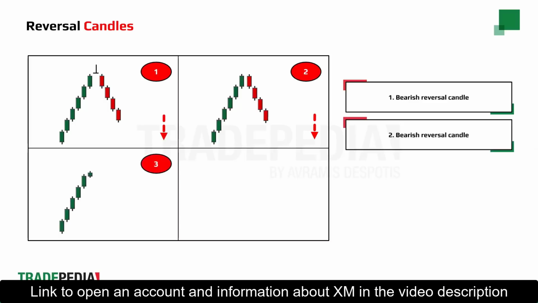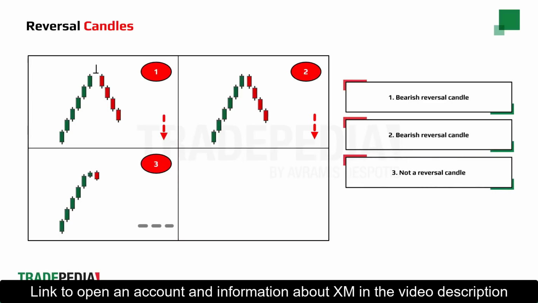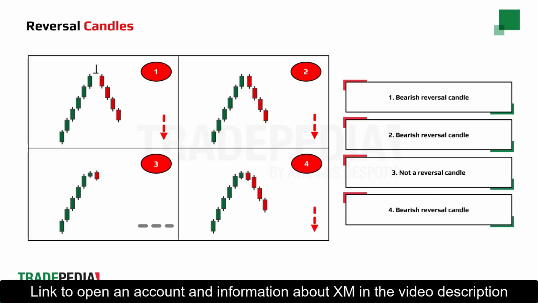In pattern number 3, however, the red candle does not possess a relatively big body, and therefore it cannot be considered a reversal candle. In pattern number 4, notice that the second bearish candle is acting as a reversal candle because it managed to close with a big bearish body relative to the other candle's body.